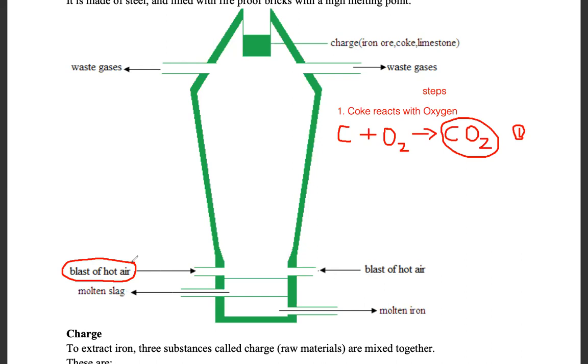Remember, it's a gas. The gas can escape and go as a waste gas. But waste as it may be, it is collected somewhere and part of it is pumped back. And why are we doing that? This carbon dioxide produced from burning is hot. So if we allow it to escape, the temperature in here will not be good for the decomposition of calcium carbonate, because for calcium carbonate to decompose, the temperature has to be high.